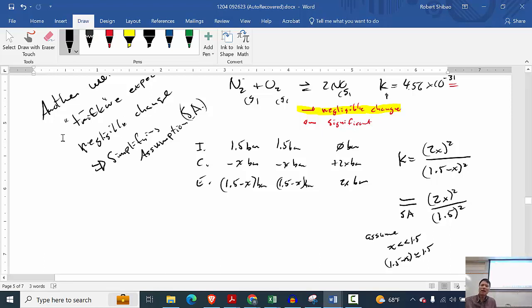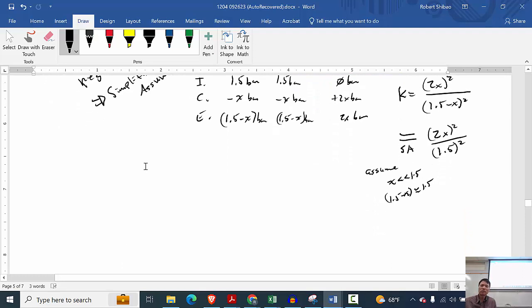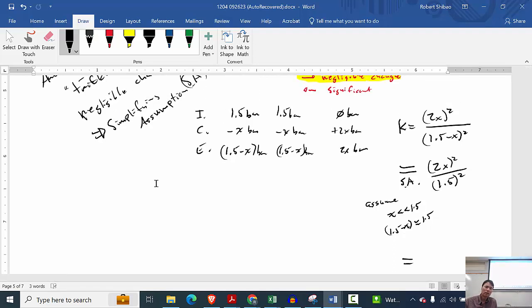And then you see the math is a lot easier to solve. And so let's go ahead and solve the math now. SA stands for simplifying assumption.